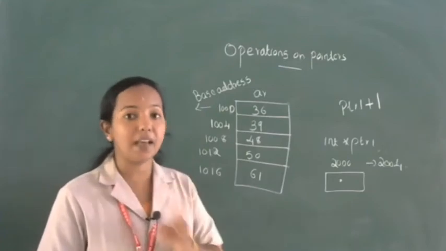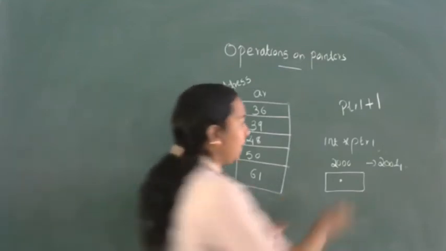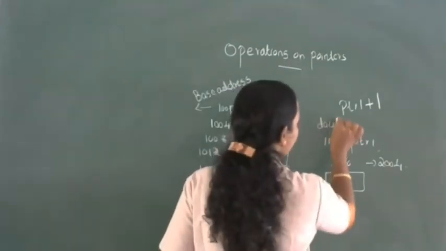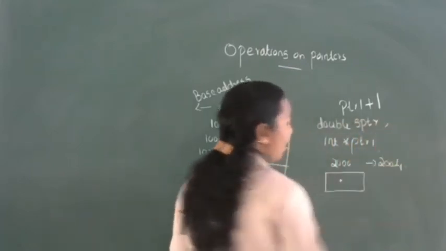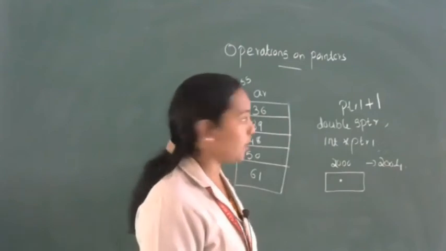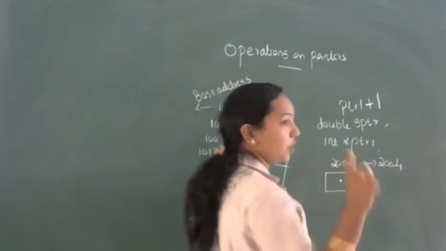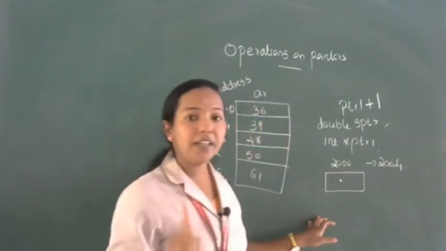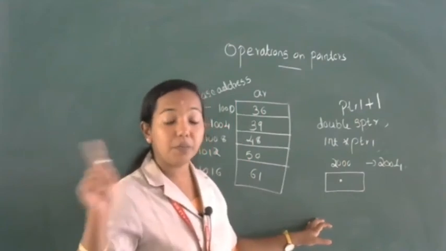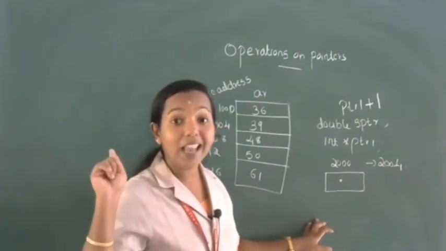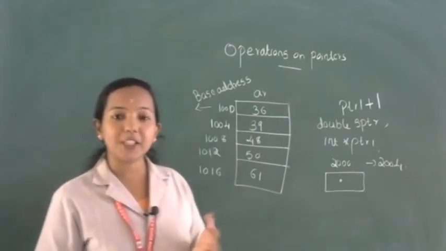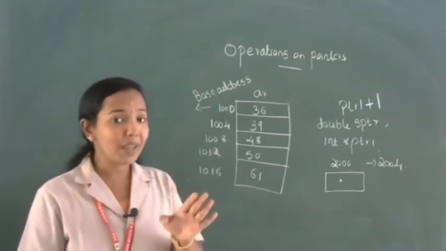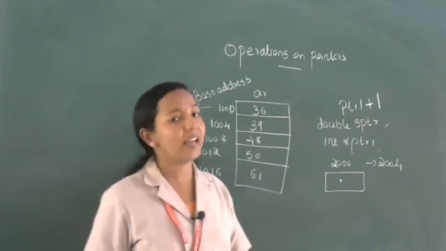If instead of int it is double star dptr, double requires 8 bytes of memory. If it is pointing to 3000, then dptr plus 1 will move to 3008. So the incrementation is based on that particular data type.